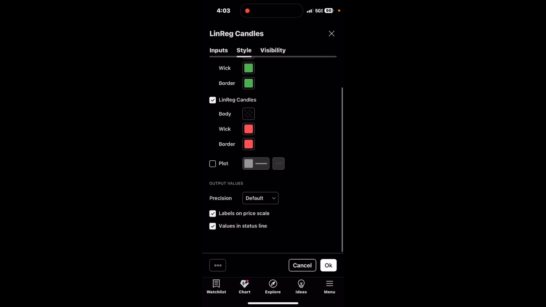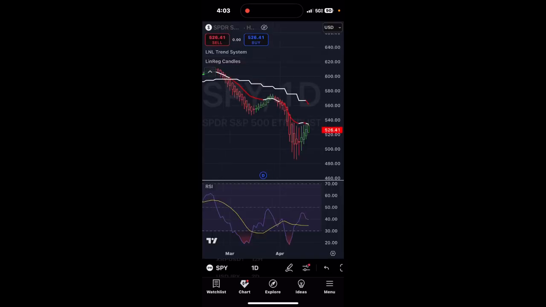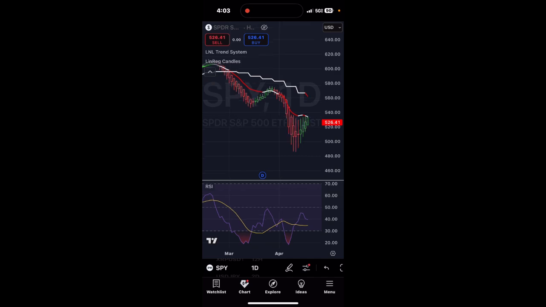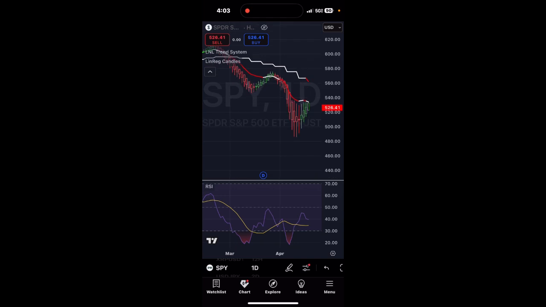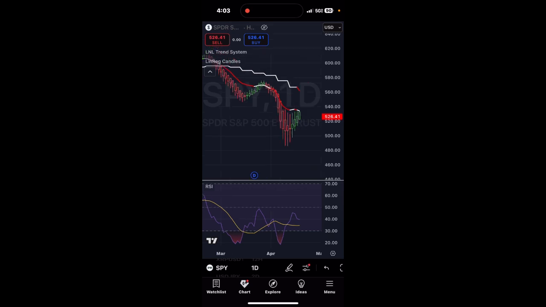You can have the candle in there if you want, but you want to remove your plot line for this, and you want to have your candles basically. What that does is it gets rid of all the noise, and you're able to see the patterns a lot easier. So you have those two. Then you have your relative strength index. So those are the only three you need for the strategy.